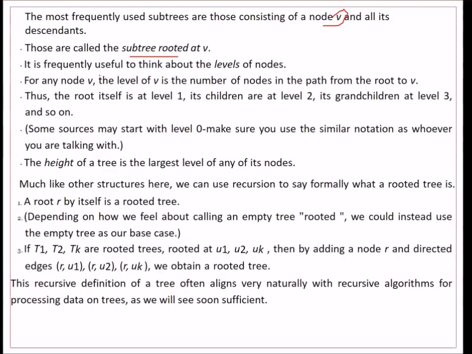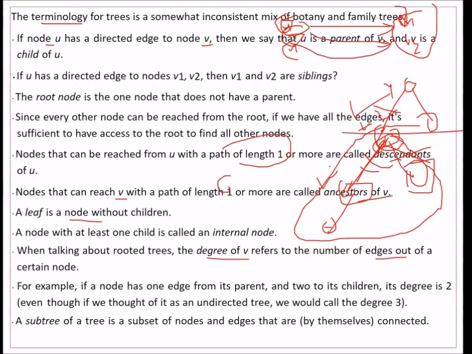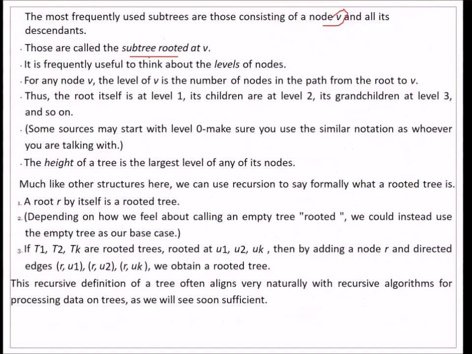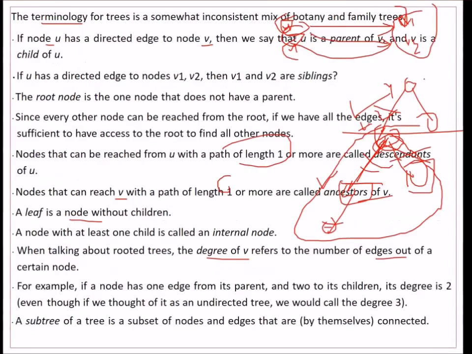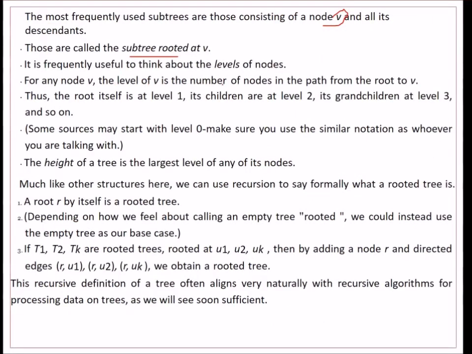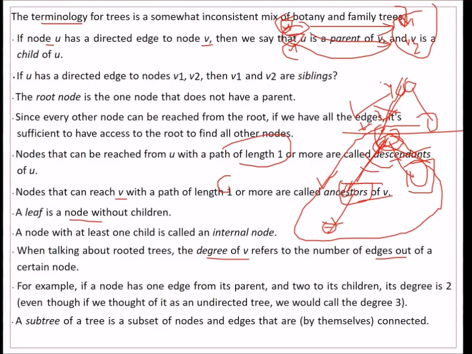And it is frequently useful to think about levels of nodes. These are various levels: 1, 2, 3. For any node V, the level of V is the number of nodes in the path from the root to V. So if this is the root, then this is 1 and this is 2. From the root it has 2 levels, so it will be at the third level.